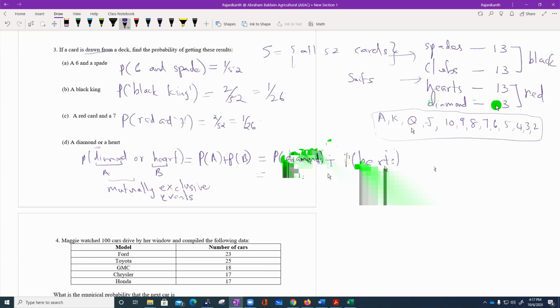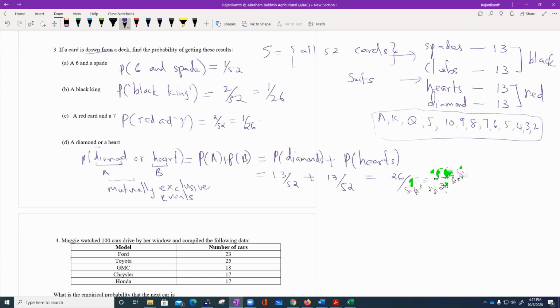Remember, there are 13 of them out of 52, plus hearts also, there are 13 out of 52. So if you simplify, this is going to be 26 over 52, that is simply half. So there's half chance that you may take the card which is either diamond or heart. Okay, that is the answer.